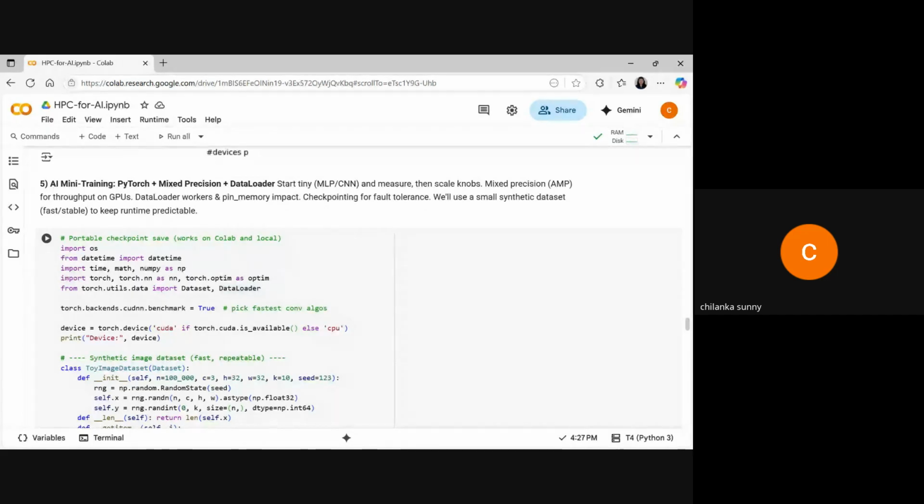We have seen that AI workloads don't need double precision accuracies, right? So we can work with FP16 or even INT8. That will help us reduce the memory requirement or the memory bandwidth requirement, and even the computation time will be less if you're working on lower precision data. Therefore, mixed precision is one way to get high throughput on GPUs.